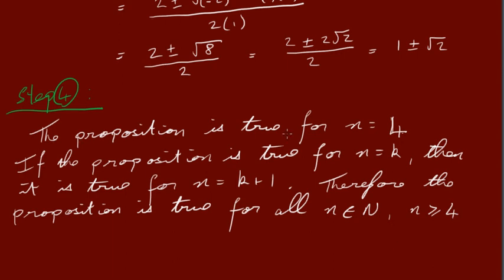We showed that the proposition was true for n is equal to 4. We then assumed that if it's true for n is equal to k, then it's true for k plus 1. This is what we proved in step 3. The proposition is true then for all values of n where n is greater than or equal to 4. So in other words, if k was 4, then it will be true for 5. If it's true for 5, it's true for 6, and so on. So that's our proof completed.